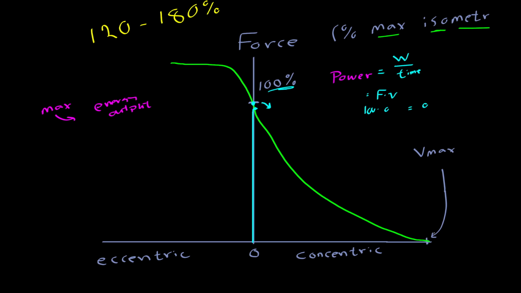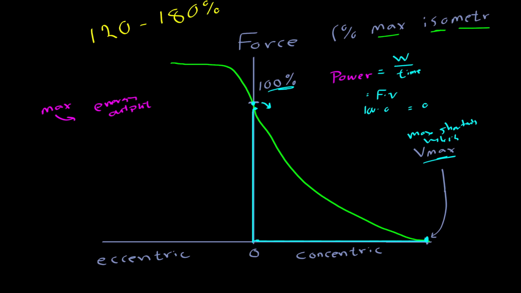And of course, the other extreme case is down here where our velocity is fully at this max shortening velocity. That's like the fastest speed that the muscle can ever contract at. But of course, if you're at that speed, the force production capability is 0.